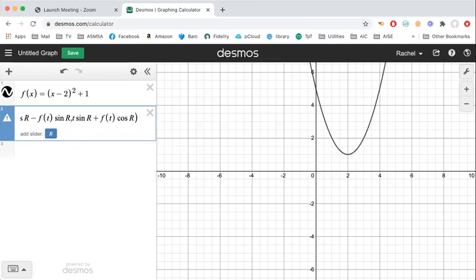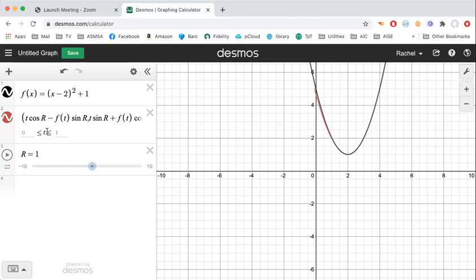And notice it has a slider for r, so I'm going to set up this slider for r, which is my rotation angle. Once I set that up, you'll also see this t value here. We'll talk about that in a moment, but let's finish setting up the rotation angle.